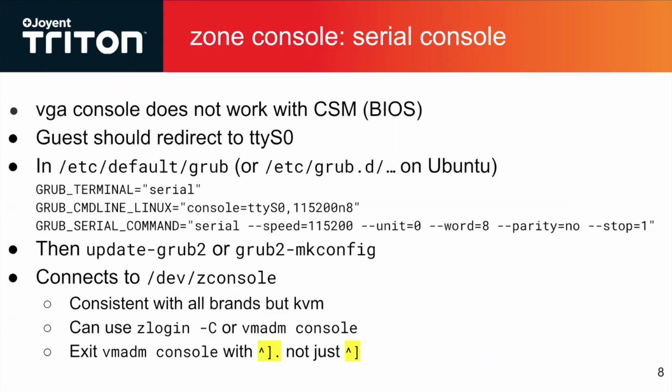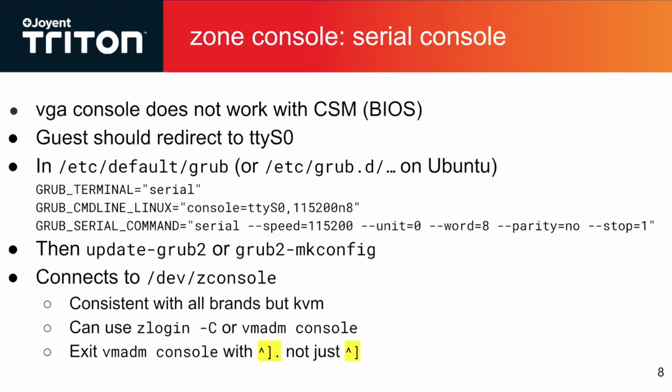So paste the lines I have there into that file or an /etc/default/grub.d file on Ubuntu, and then update the grub configuration using update-grub2 on Ubuntu or grub2-mkconfig on others. Update-grub2 on Ubuntu takes no arguments. Grub2-mkconfig takes some arguments. Look at the man page, please.